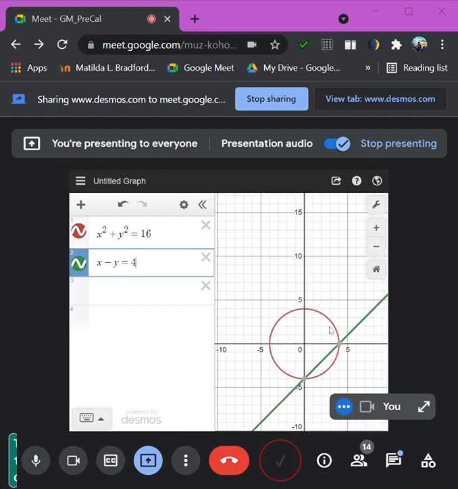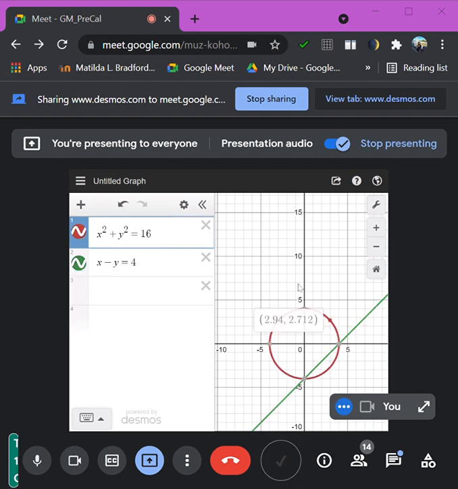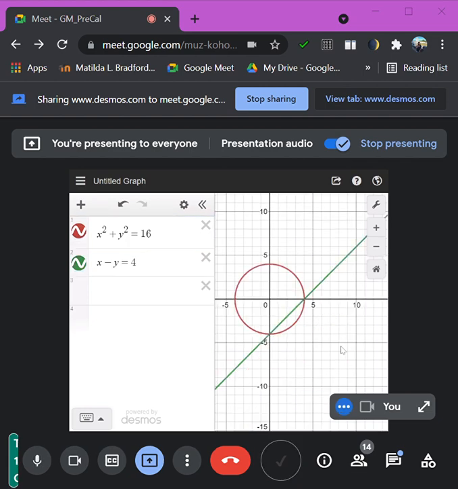The line there is your values that you got, 4, 0, and then 0, negative 4. So, you have there a nice circle and a nice line. So, that is for the systems of nonlinear equations. And that's all.